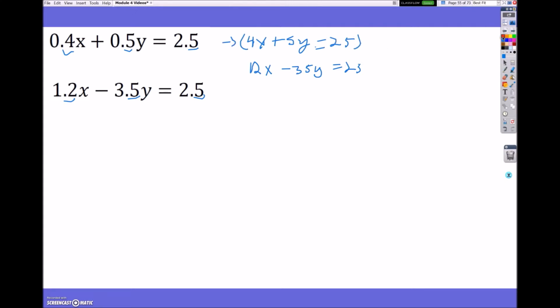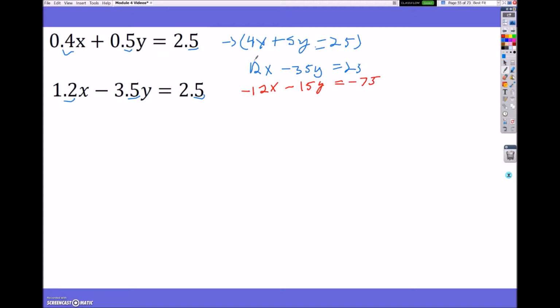So in red, my top equation will change to negative 12x minus 15y is equal to negative 75.